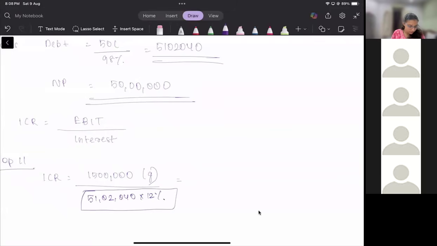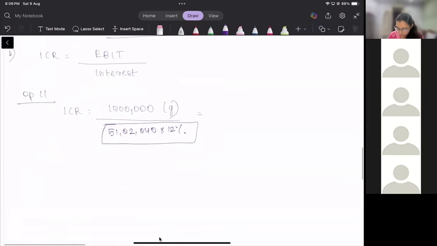Tell me how much you got the interest coverage ratio. Yes, 2.45.